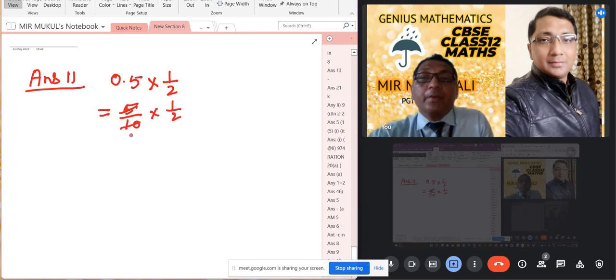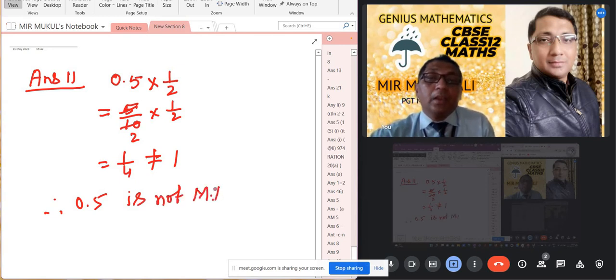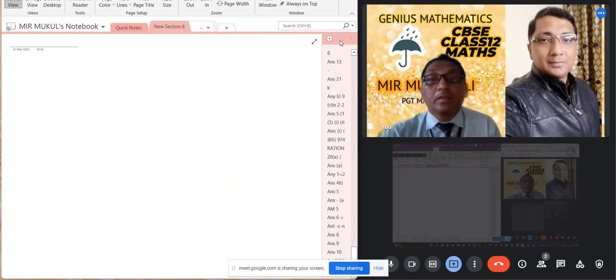Cut by 5. 5 to the 10. We are getting 1 by 4. It is not equals to 1. Therefore, 0.5 is not multiplicative inverse of 1 by 2. Reason also I have given. Okay. 12 also similar type and 13 also similar type.